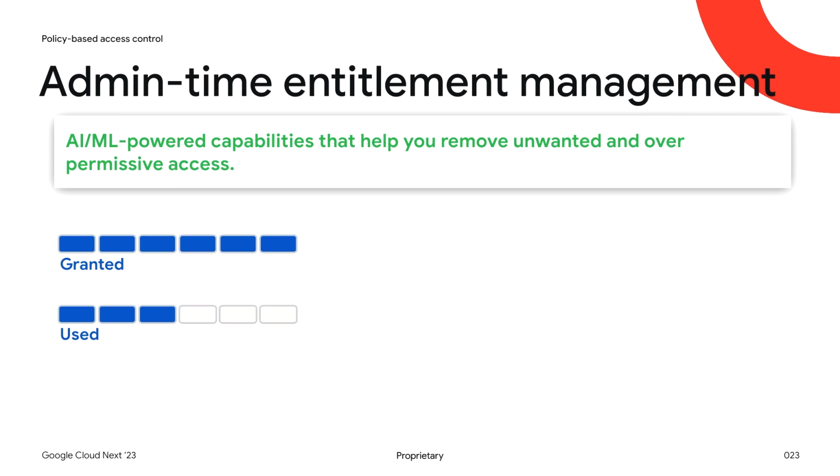In theory, the administrator should be able to go in and take away the rest of the permissions. Now, what customers tell us is, yes, that makes sense. I should take away the permissions, but I don't know when the user may actually need those permissions. And when they do need the permissions, it can cause a lot of trouble. It can hamper productivity. So how do you take away the permissions that the user will never need, but still leave behind permissions that they may need, even if they have not used?